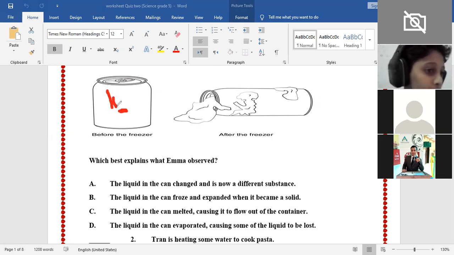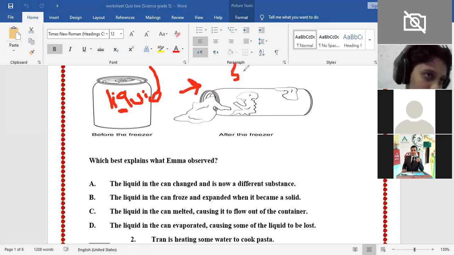Liquid. You are excellent. And then she put it inside the freezer. After she put it inside the freezer, it will change to what? To solid. So the cola in the can froze into solid, or ice.